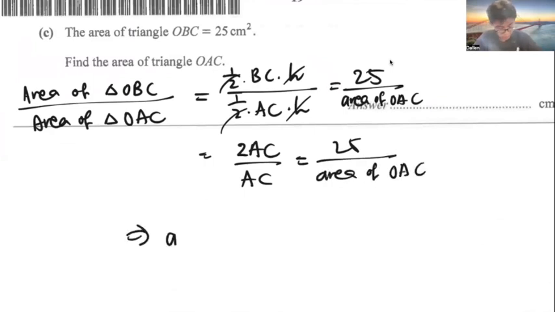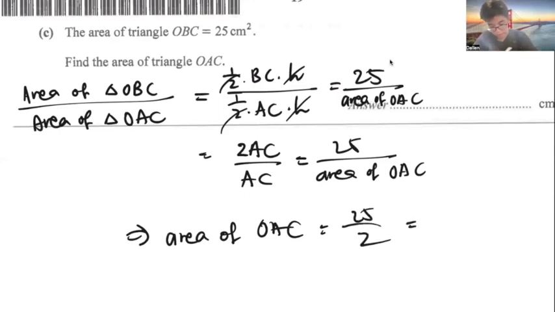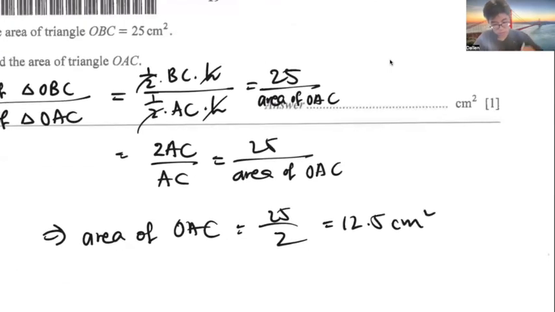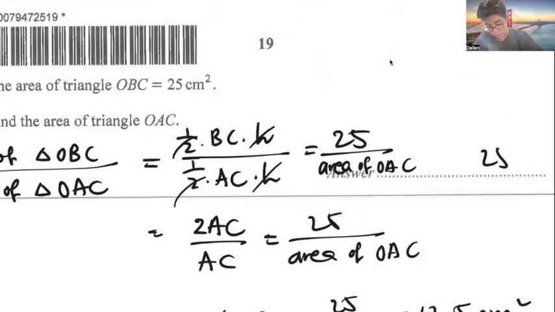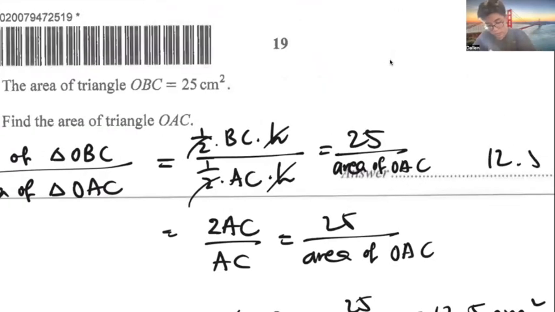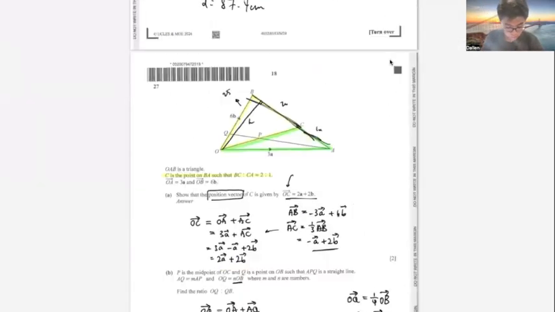So this means that area of OAC is half of 25, so 12.5. We use ratio here. So the answer is 12.5. And this is question 27.